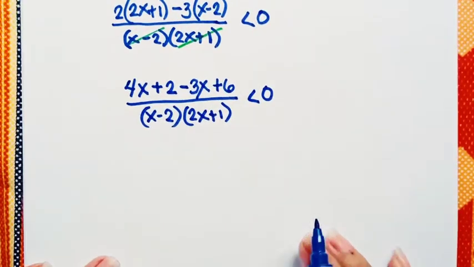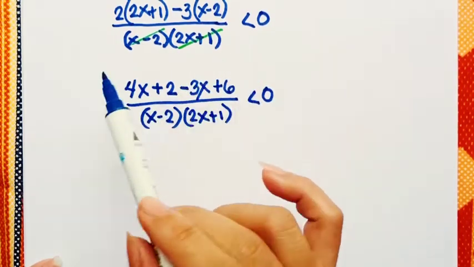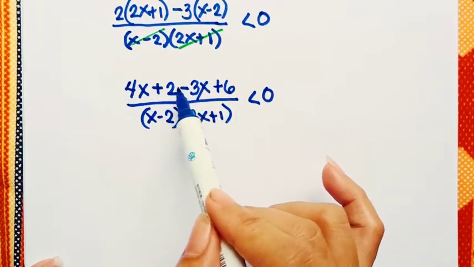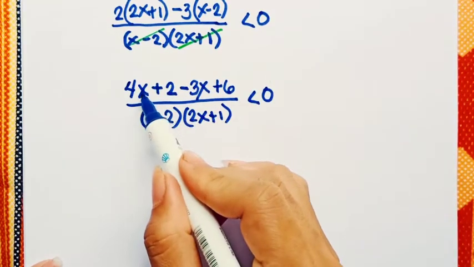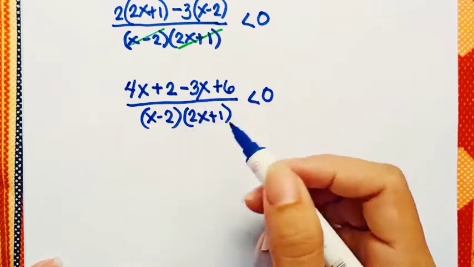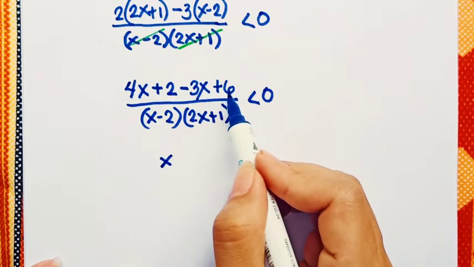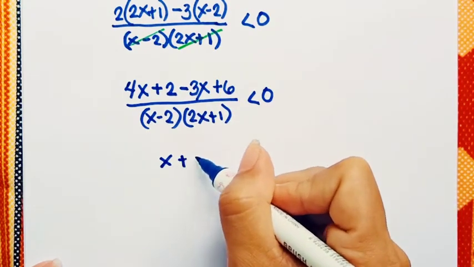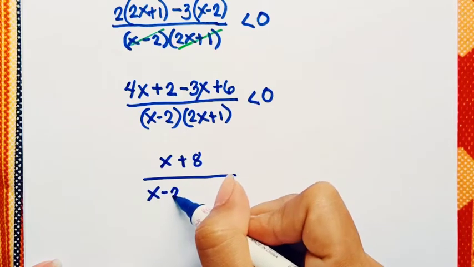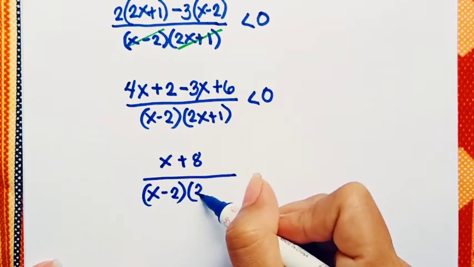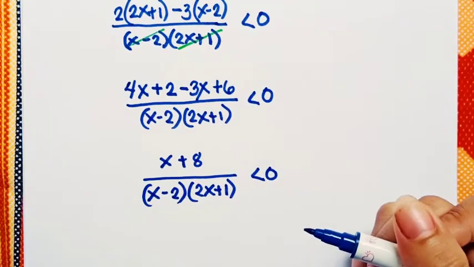So, combine like terms, guys. Tanan nga x, i-combine, and then lahat ng constant, i-combine. So, 4x combine sa negative 3x, mabilin, x na lang. Tapos, 2 combine sa 6, we will have positive 8. Ilang denominator, x minus 2 and 2x plus 1 is less than 0.